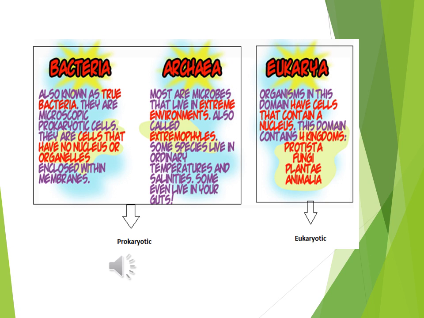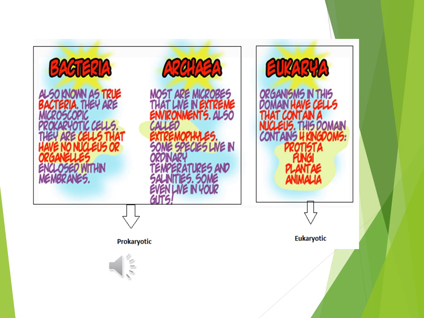They are microscopic prokaryotic cells. They are cells that have no nucleus or organelles enclosed within membranes. The archaea, most are microbes that live in extreme environments and also are called extremophiles. Some species live in ordinary temperatures and salinities. Some even live in your guts.